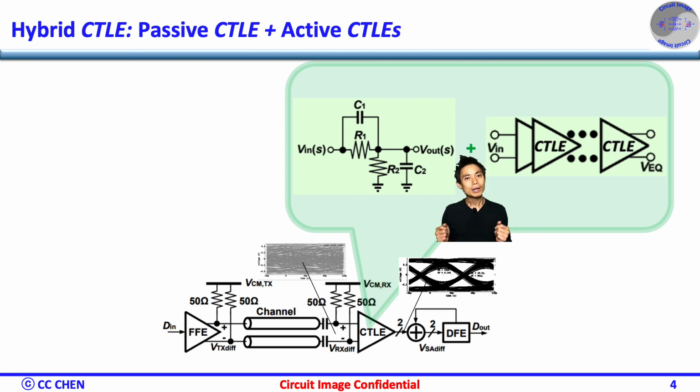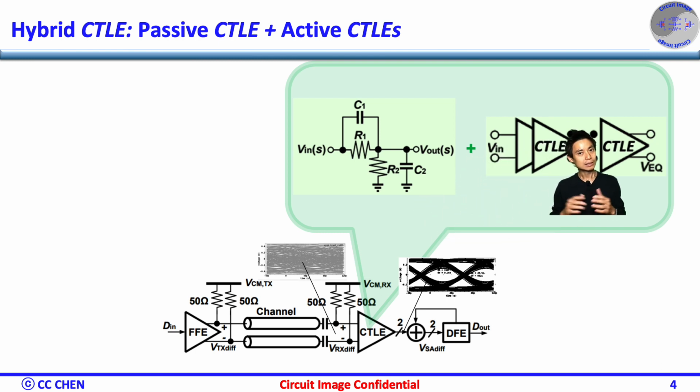Therefore, we may want to put the passive CTLE first and the active CTLE in the following stage. Lastly, in advanced technology, it's difficult to get much more AC gain at a very high speed operation. Sometimes, multiple cascaded active CTLEs are needed to meet the required AC gain or input sensitivity for the sampler.